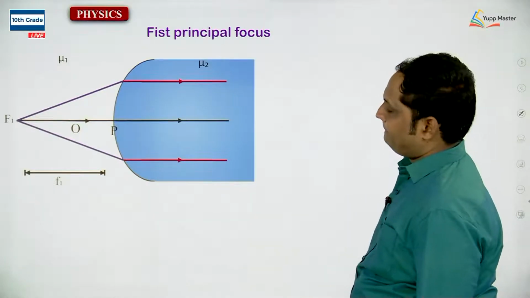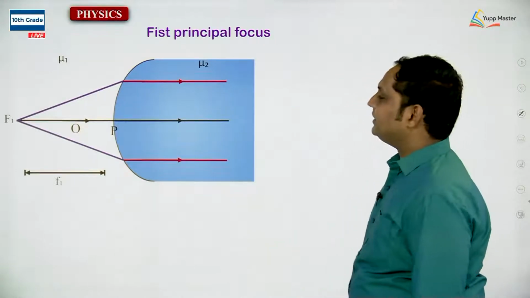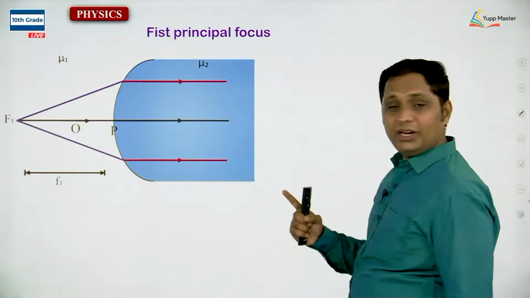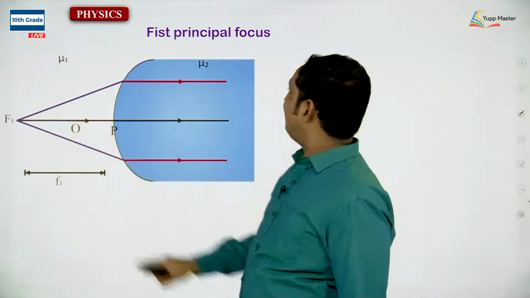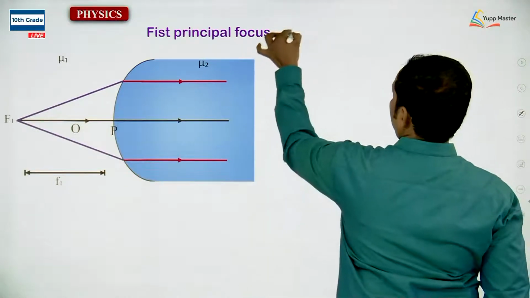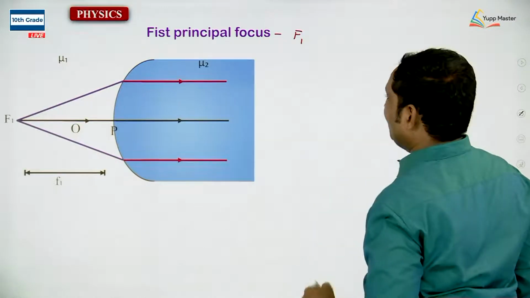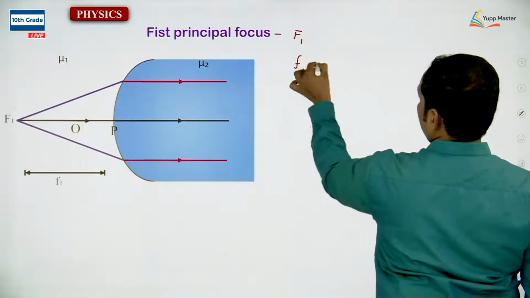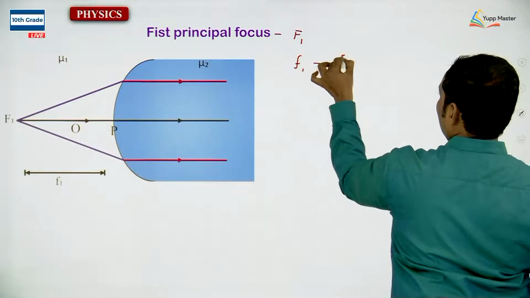Okay. Now, if you are identifying F1, capital F1, that is the first principal focus, right. Now, small f1 is the first principal focal length.